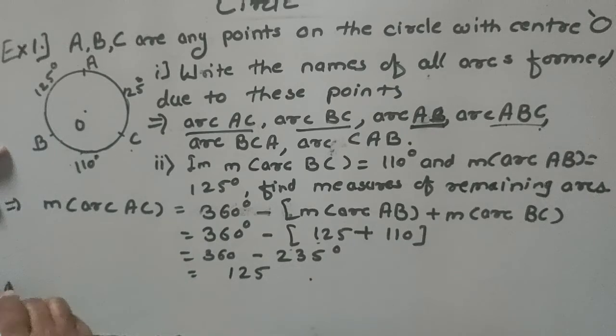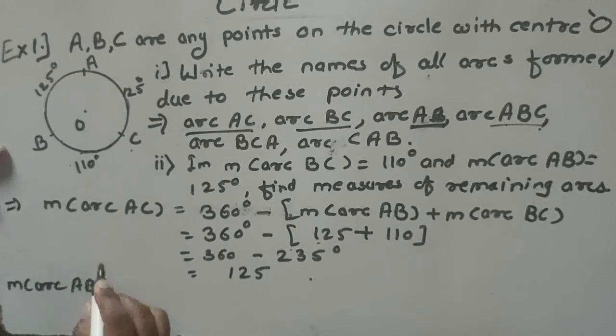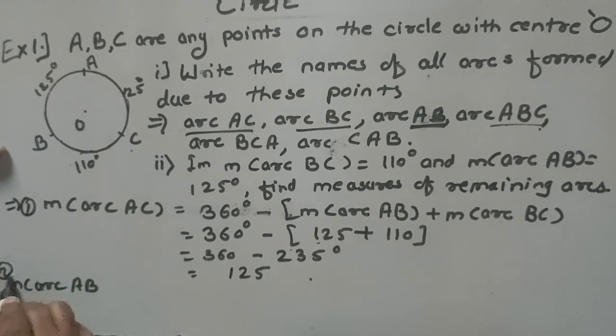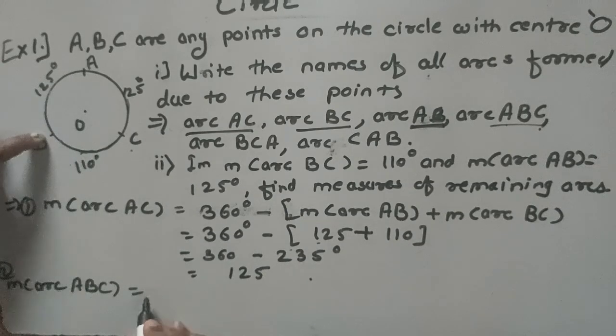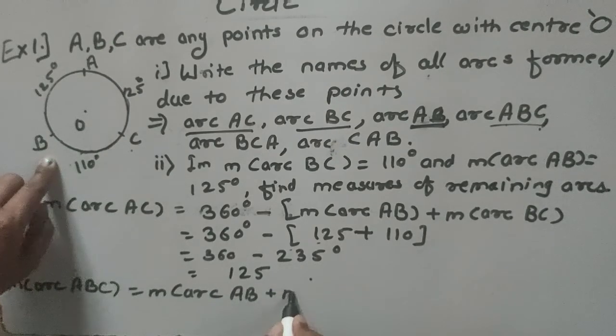So here we write measure of arc ABC is equal to measure of arc AB plus measure of arc BC.